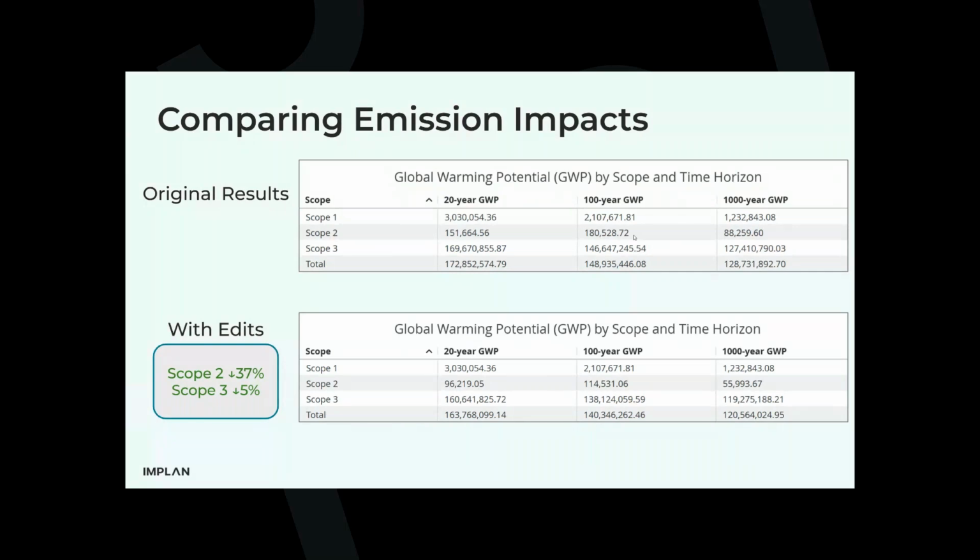It's more meaningful to folks to think about how their kids or their grandkids might live their life. 20 years might be more important in terms of financial planning. So depending on the objective or the perspective of your analysis, these different time horizons might be more important.